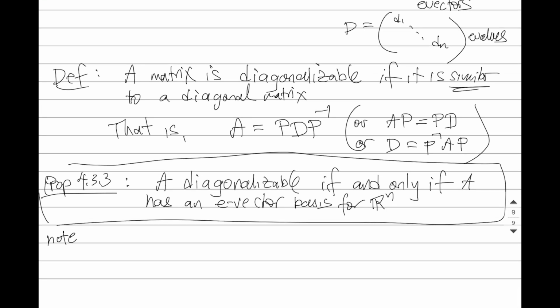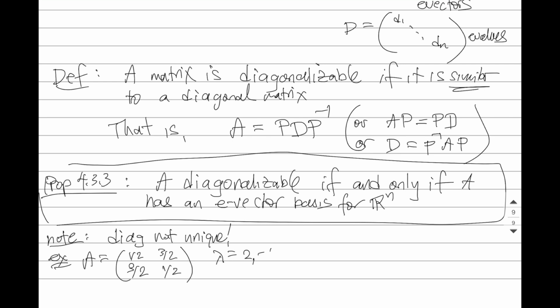Note that diagonalizations are not unique. In the previous video, I showed you that this matrix has two distinct eigenvalues. You can verify for yourself that there are indeed two independent eigenvectors, and that means you will have a diagonalization. But there isn't just one diagonalization. You can have more than one.